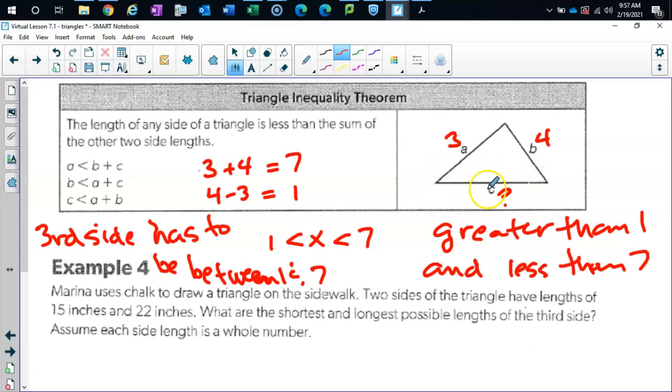So if one side is 3 and the other side is 4, the third side has to be somewhere between 1 and 7. It cannot be 1 and it cannot be 7. It has to be between those numbers. And I'm going to show you that with wood in school. But triangle inequality, take any two sides, add them and subtract them, and the third side has to be in between those two numbers.